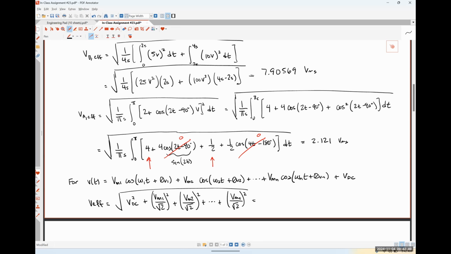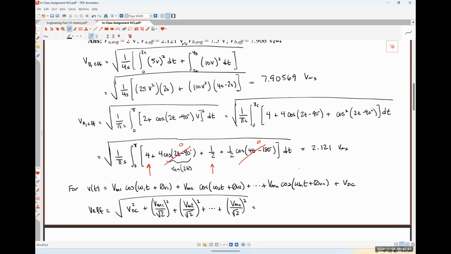The reason this works is we just saw that we're integrating over integer multiples of intervals for all of those terms that appear when we square those sine and cosine functions. So the only thing that's going to survive when we apply that trig identity is just the effective value squared.